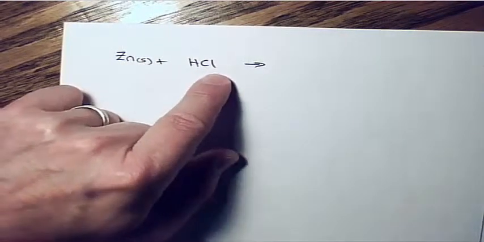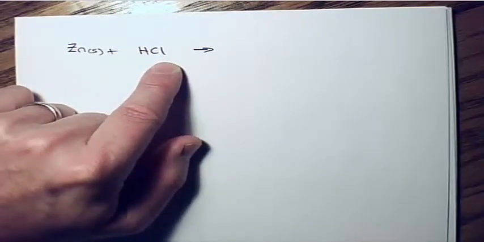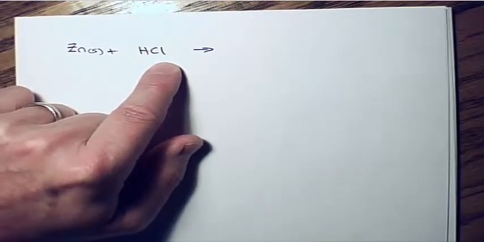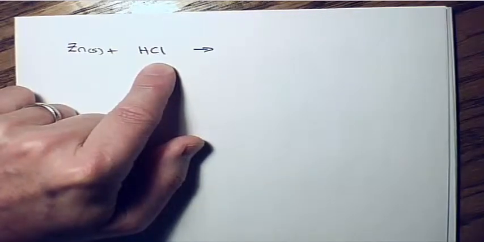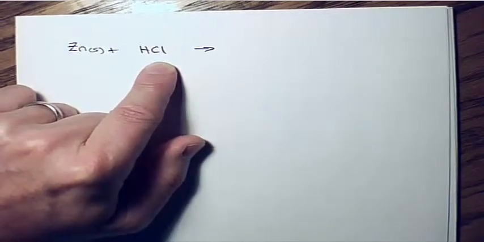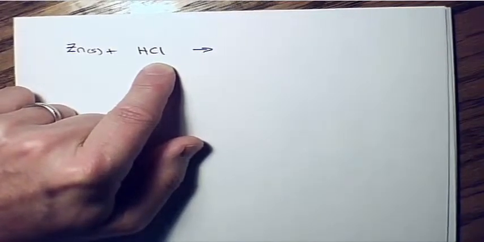Colin, if this is in an aqueous environment, what physical state symbol do I assign to this chemical? Why? That's your claim. Yes, it's going to be aqueous. I'm not saying yes, I'm just saying your claim is aqueous. Now, give me your evidence and your reasoning.